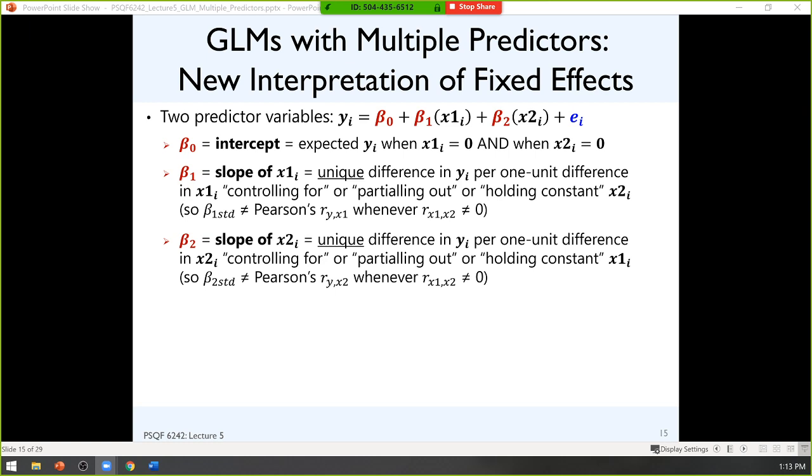So in terms of strategy, all of the bivariate associations that you know how to do are still helpful. Because if I find out that, say, x1 is related to y, if I don't have anything else in the model, that's a useful piece of information.